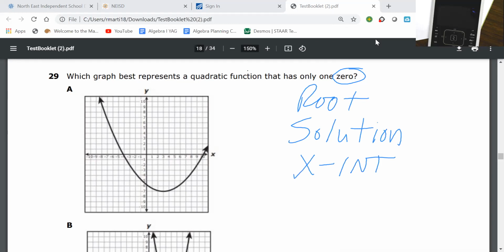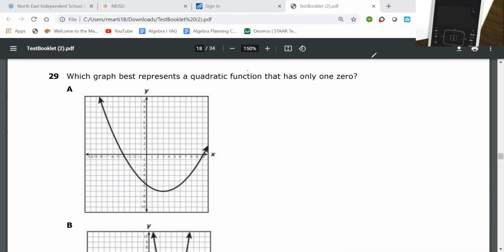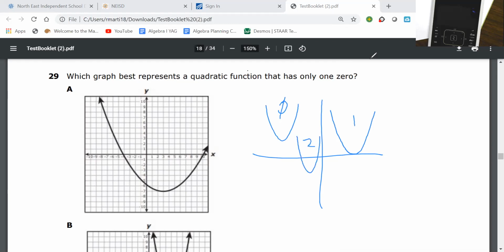With quadratics, there are three choices you can have. That doesn't cross, so there are no zeros. Just comes down and touches. So this is 0, this is 1, and then this is 2. It crosses there and there.